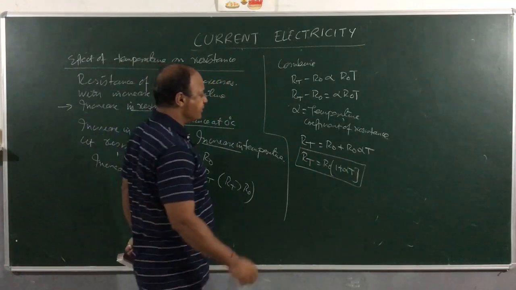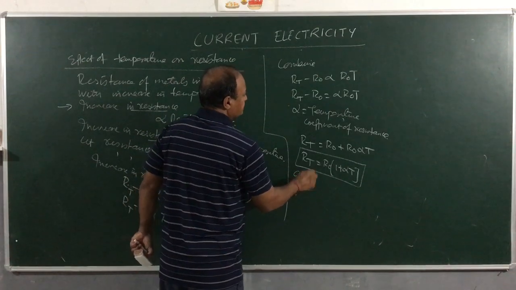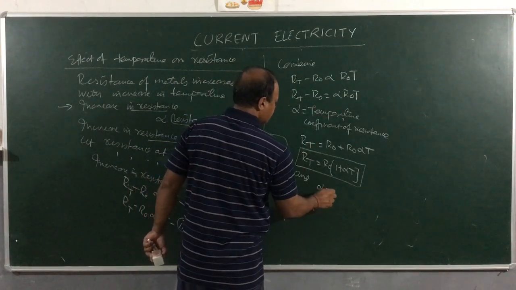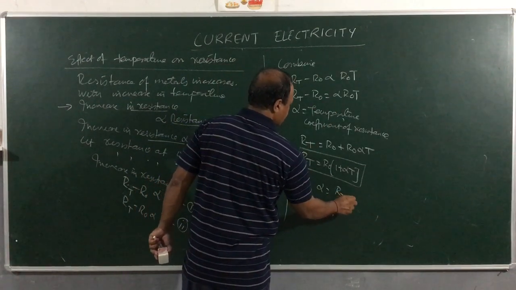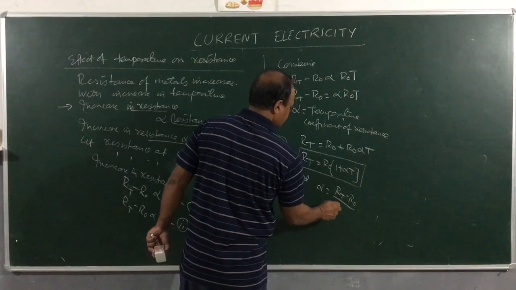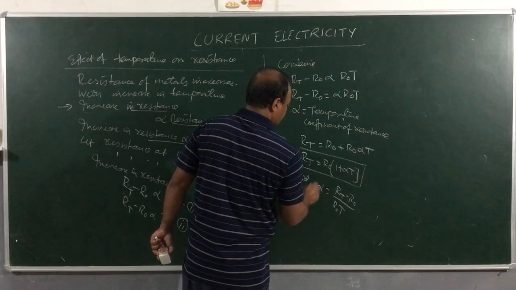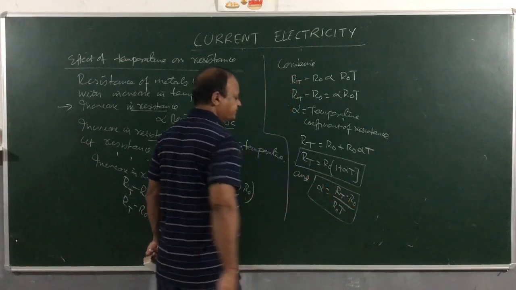And again from here alpha can be written as RT minus R0 divided by R0 into T. So we get two relations here.